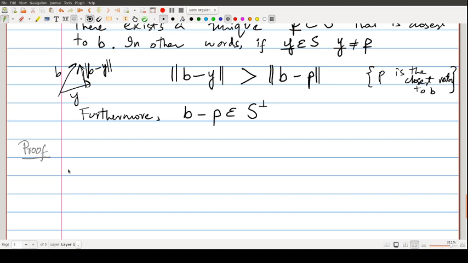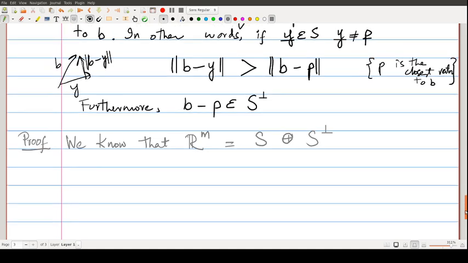So we know that if S is a subspace of Rm, this is something that we did in the last video. If you don't remember, you can go and look at it. So the m-dimensional real space, if it has a subspace, then you can write any vector in the space as a direct sum. So Rm is a direct sum of S and its orthogonal complement, which means any vector in this space can be written as S plus S complement.